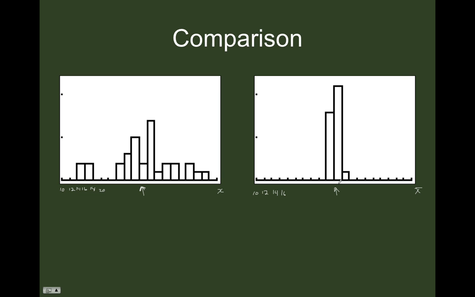Now, I don't think we want to say that the distribution for x and the distribution for x bar are the same, though, because the glaring difference that I'm seeing is that there's way more spread for the histogram of x, the x distribution, than there is for x bar. So it's clear to me now, at least I hope it's clear to you, that x and x bar have different distributions.